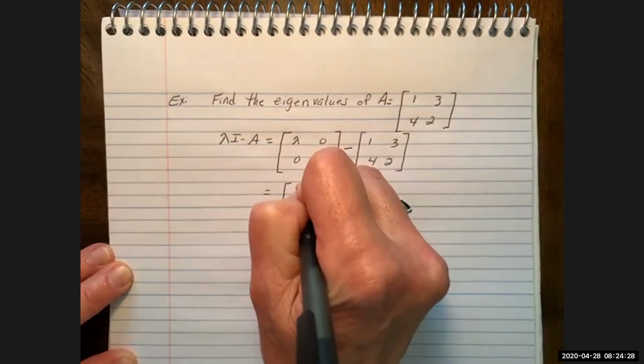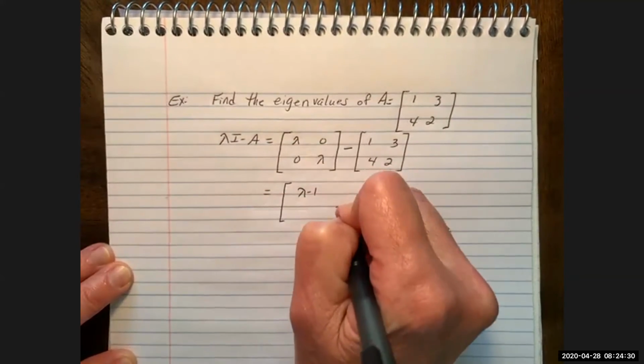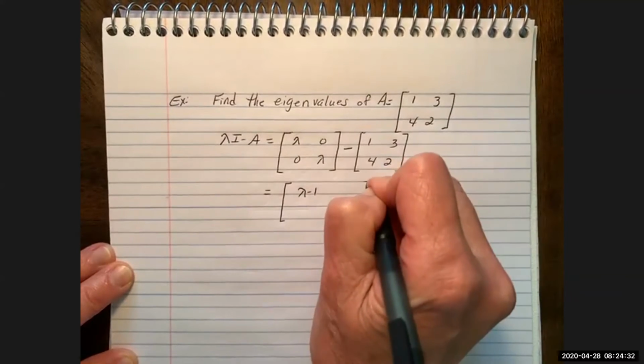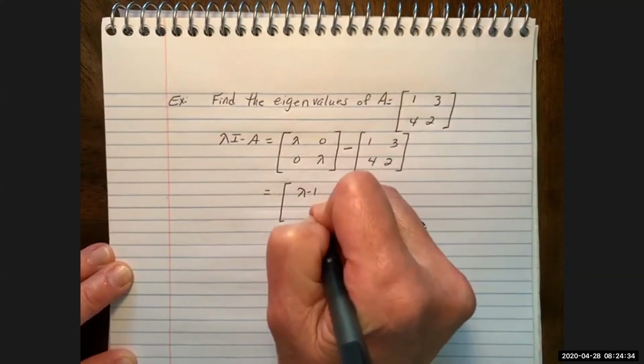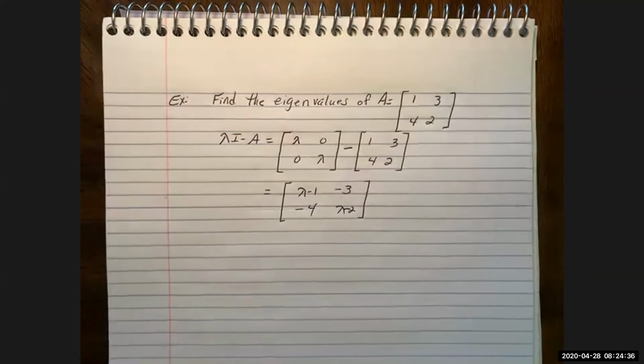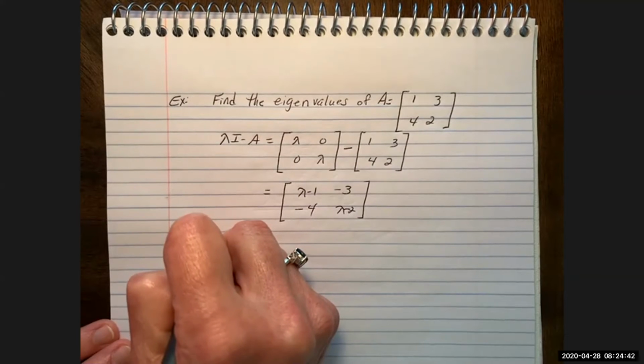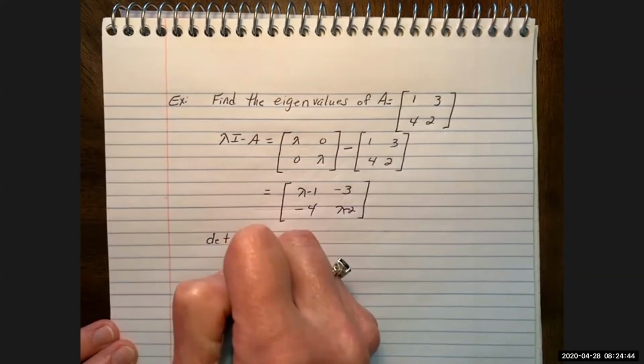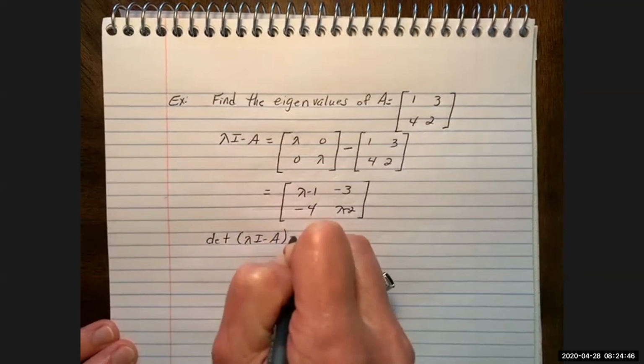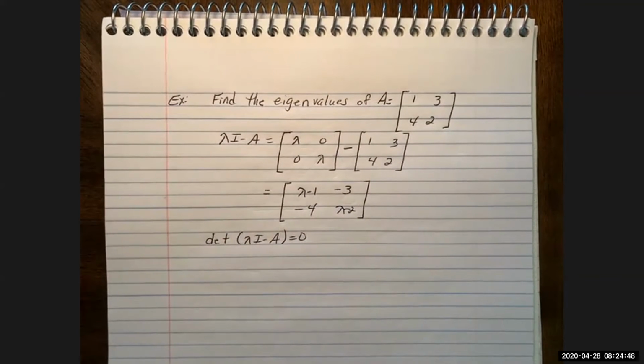So it's going to be lambda minus 1 and lambda minus 2 in your diagonal. And then the other ones you just take the opposite of. Then we take the determinant of that matrix and set it equal to 0 and solve it.